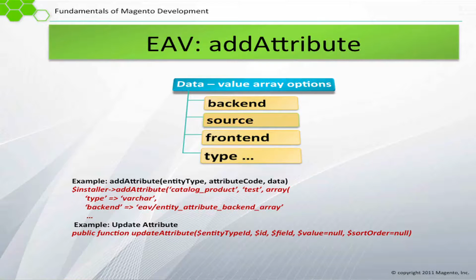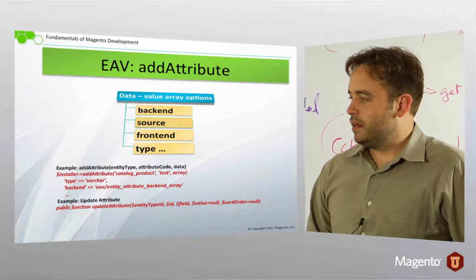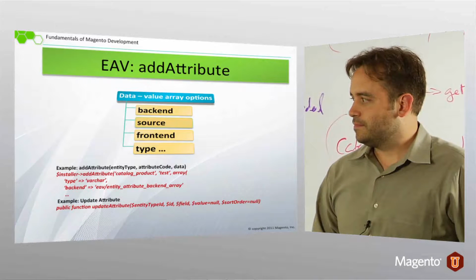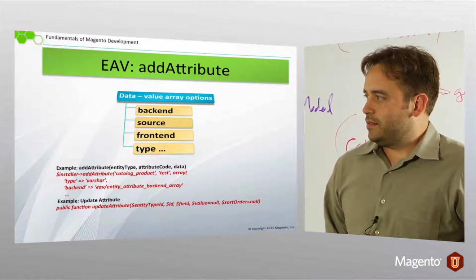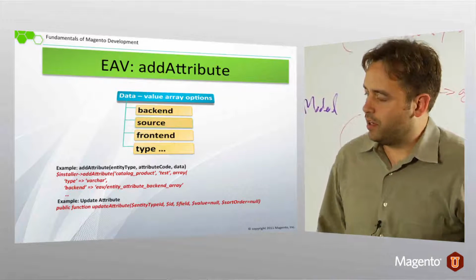So we specify the entity type code, we specify the code for the attribute, and then we specify an array of information. Now, I don't know if there's a note on this slide or not in your book, but I'll explain this next.